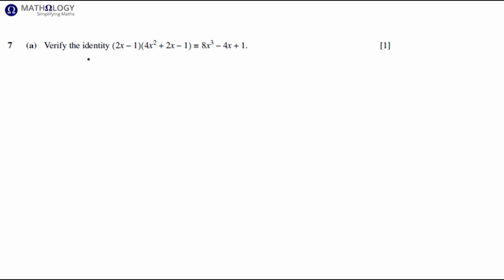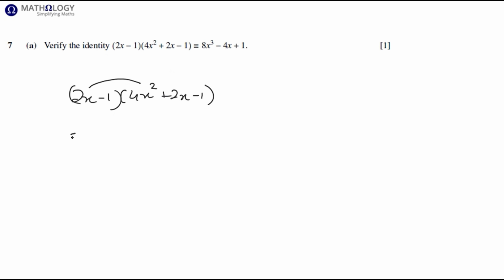Question 7. Verify the identity (2x minus 1) times (4x squared plus 2x minus 1) equals 8x cubed minus 4x plus 1. All we're required to do here is multiply each term in the first bracket with each term inside the second brackets.